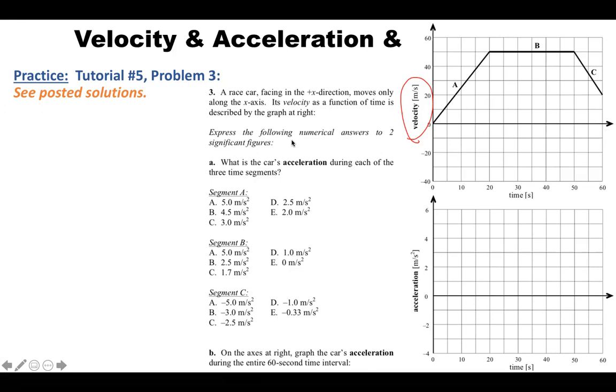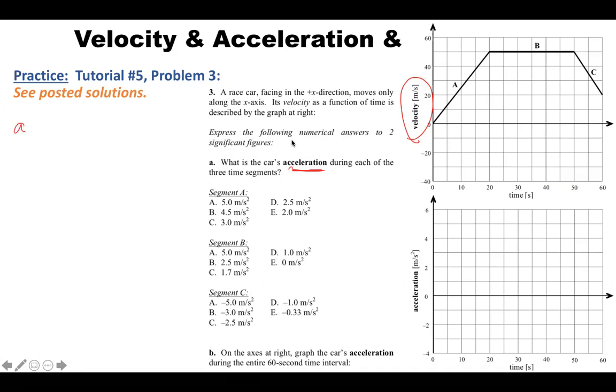You're given what the velocity of this race car is at all moments in time. So first, I ask you, what is the car's acceleration calculated during each of the three time segments? You can see the three time segments are labeled A, B, and C, just to help us as a shorthand. So use our definition of average acceleration.